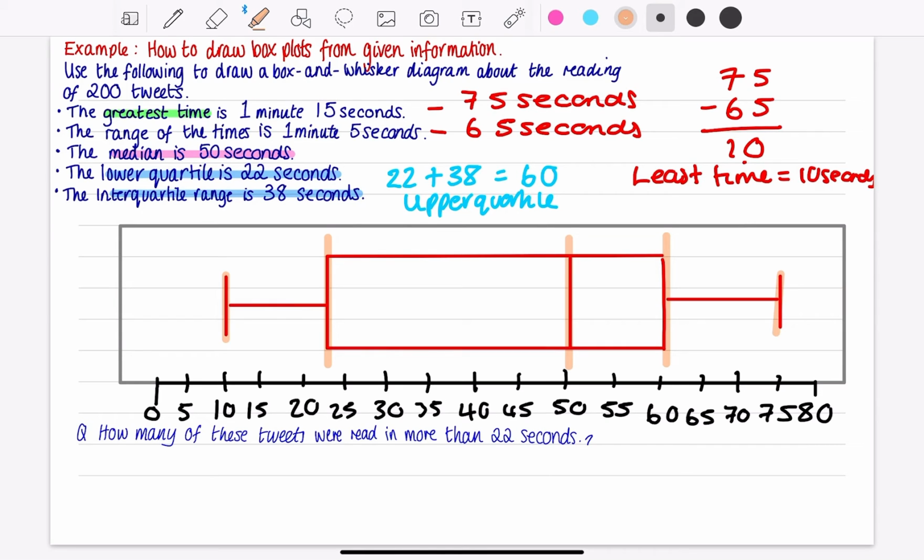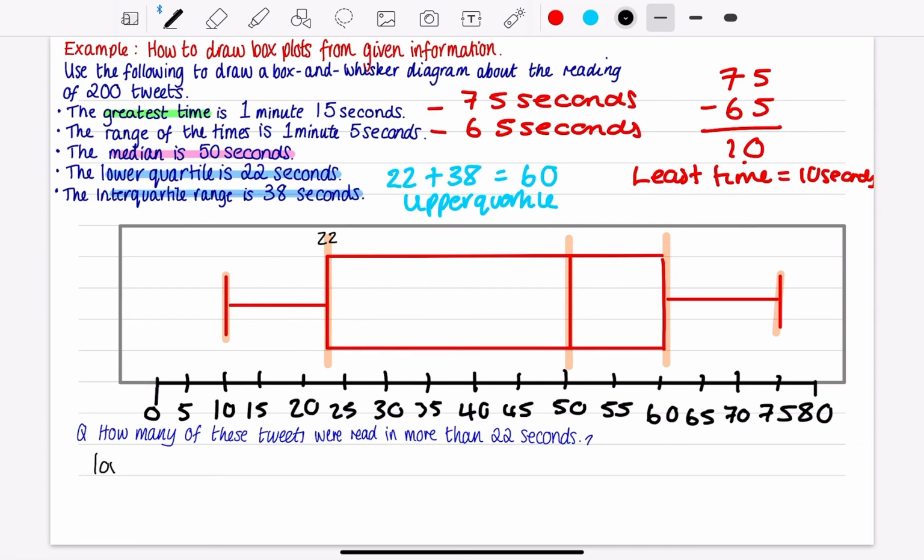I then need to address any questions relating to the diagram I've just drawn. The question I have here is how many of these tweets were read in more than 22 seconds? 22 seconds, we know, is here at our lower quartile. But remember what a lower quartile actually is.